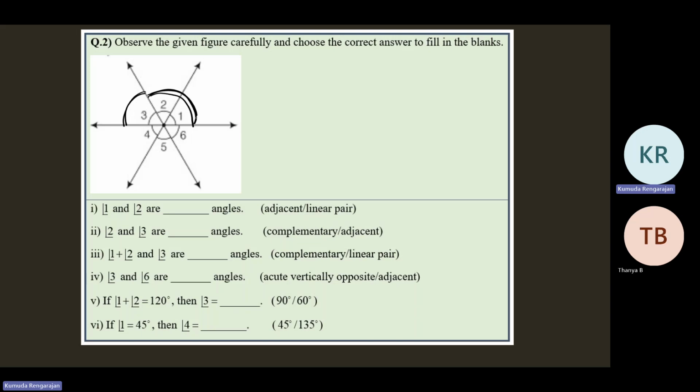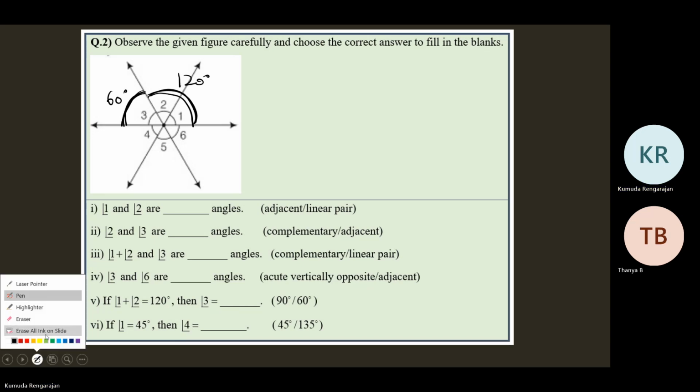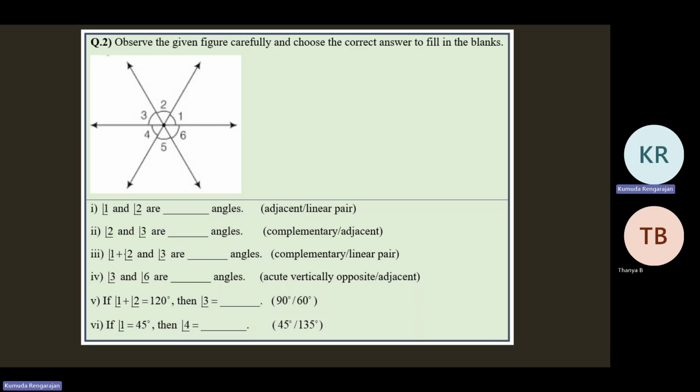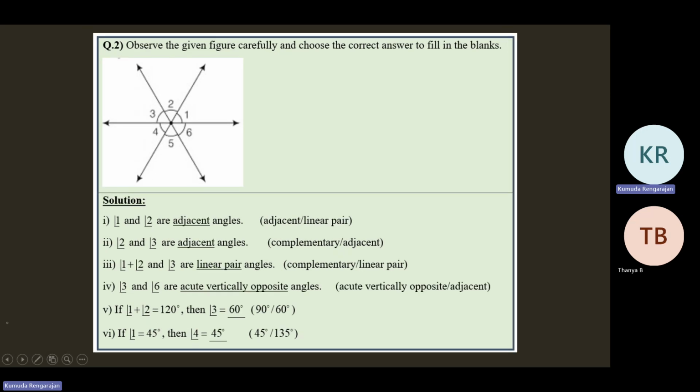So if this one is 120 degrees, this will be 180 minus 120, 60 degrees. Correct. If angle 1 is equal to 45 degrees, then angle 4 is equal to 45 degrees. Reason: they are vertically opposite angles. Correct.